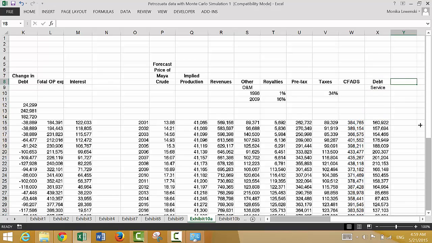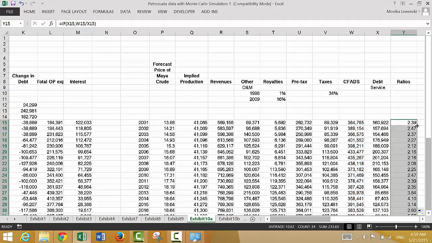So let's put ratios. Now the DSCR is simply the cash flow available for debt service divided by the debt service. But whenever you're going to divide by this, just put an IF statement, and then what will happen is it will put false where the debt service is zero.